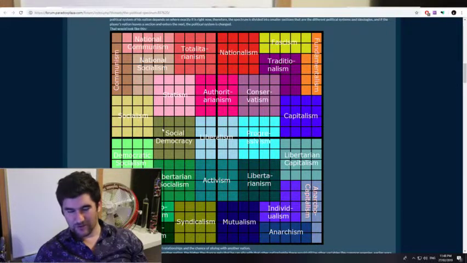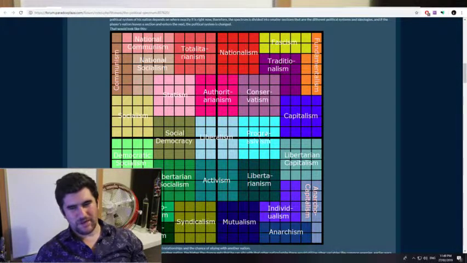There's still a lot of fairly major errors that you've got in here. One I would point out, conservatism, fairly authoritarian, a little bit on the right. Okay, fair enough. What's its next door neighbour? Progressivism. Conservatism and progressivism being next door neighbours.